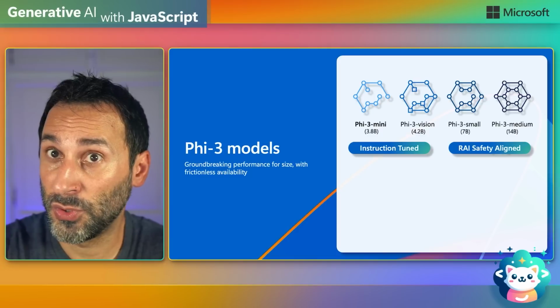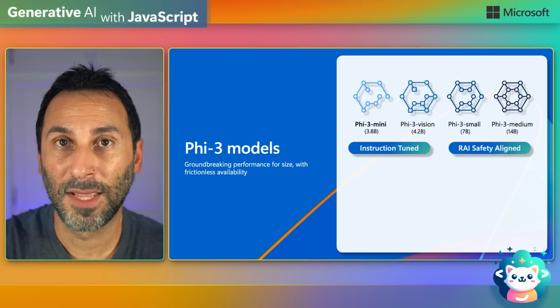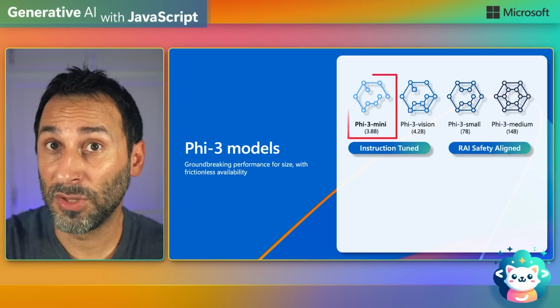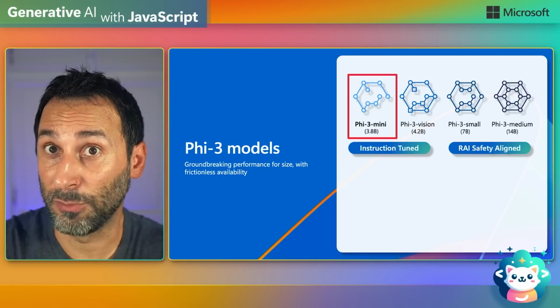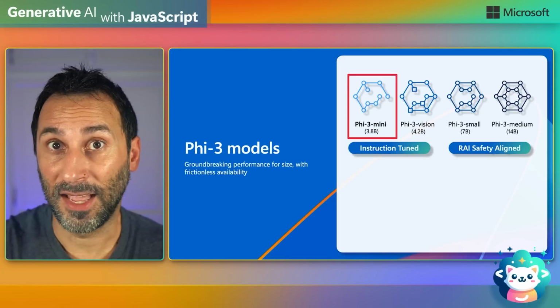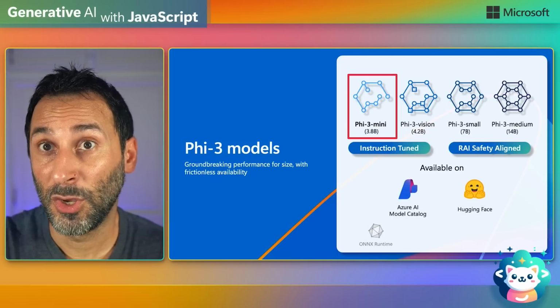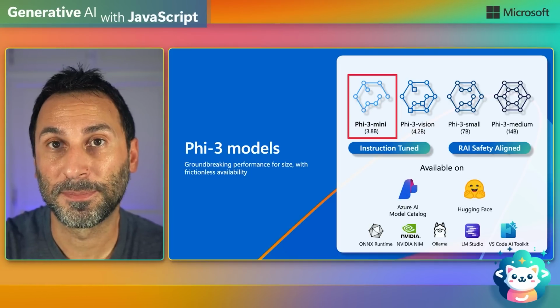They are also tuned to follow instructions, just like your regular chat models. In particular, the mini model version is especially interesting as it can run even on devices with moderate specs, like mobile devices. They're available on many platforms, but the easiest way to run Phi-3 is using Ollama.